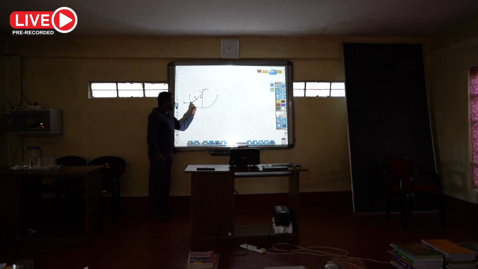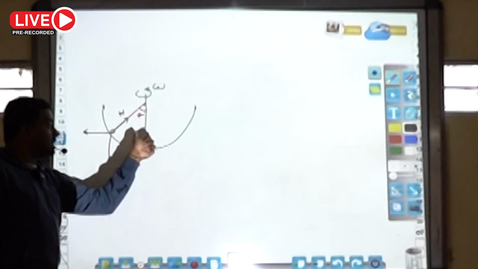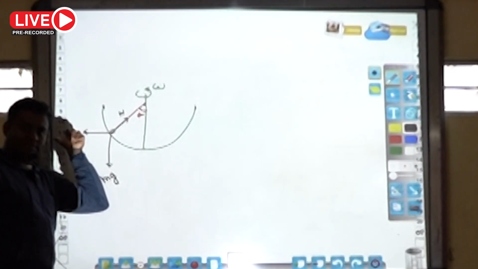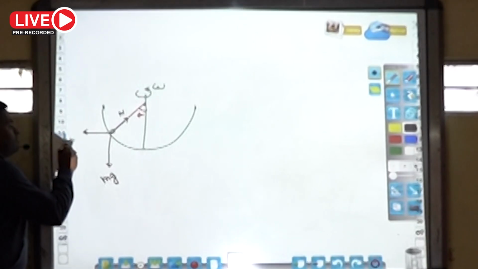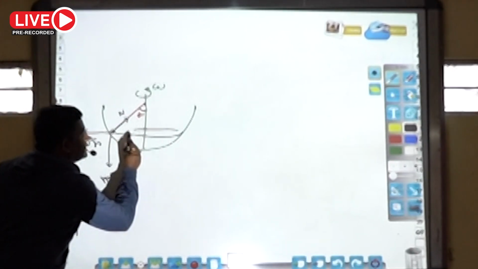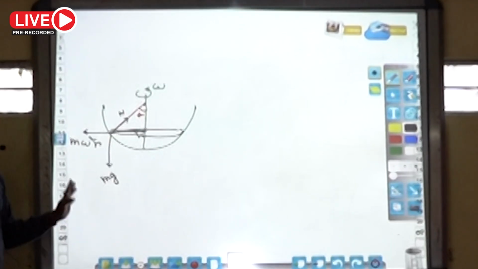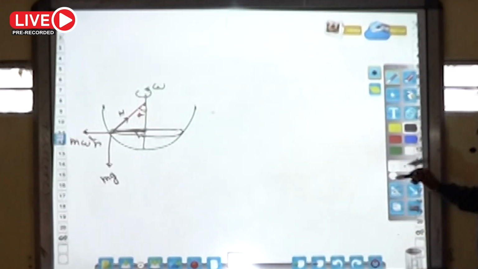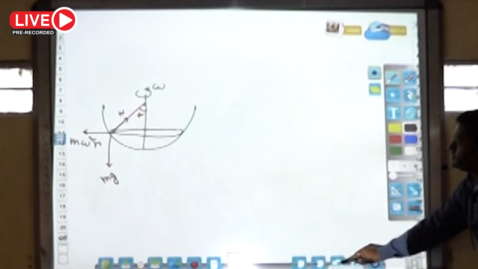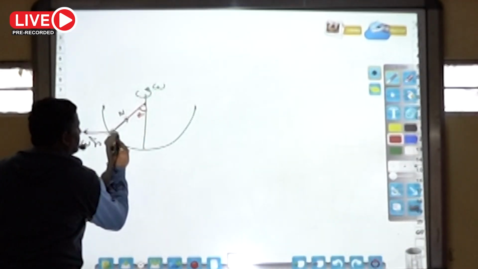Why? Because the ball is rotating in a circle, and the center of the circle is here, not here, because the ball rotates in a circle smaller than radius capital R. It feels a centrifugal force away from the center, that is m omega square small r, where small r is the radius of this circle, not capital R. I will just draw a single line for the radius.